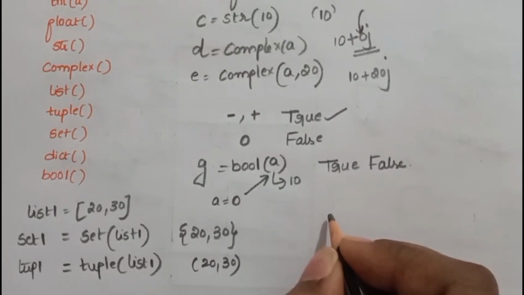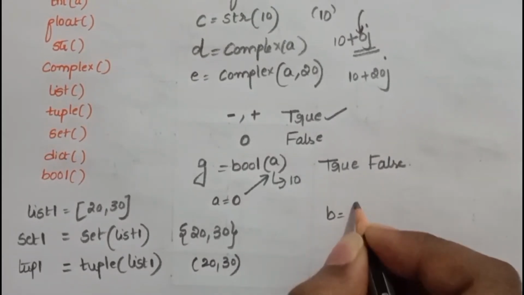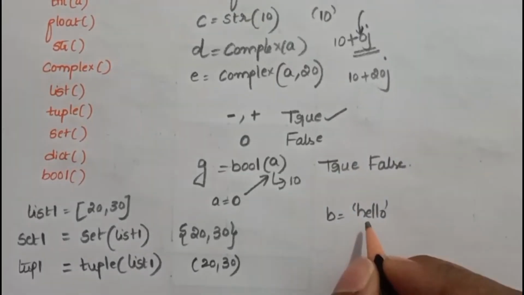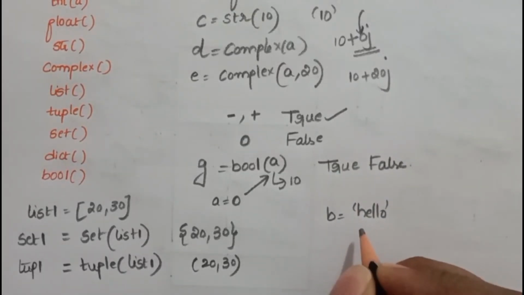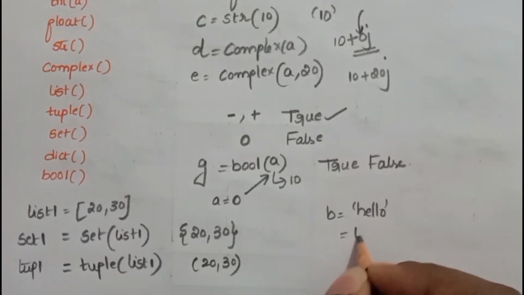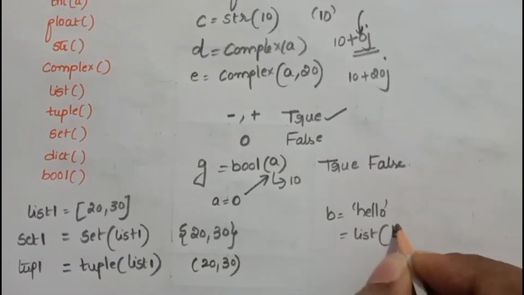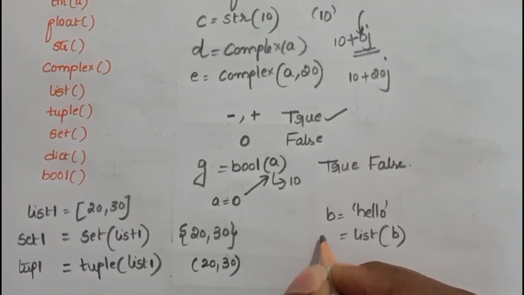Even if you have a string, let's say b equals hello, and you want to convert this string into a list, even that can be achieved in Python using typecasting. List of b. Let's say we are assigning it to the variable z.